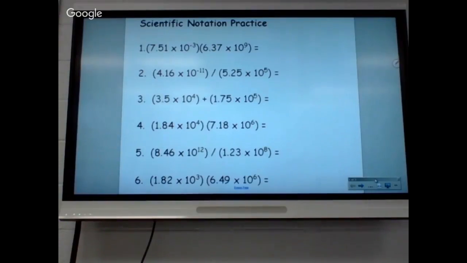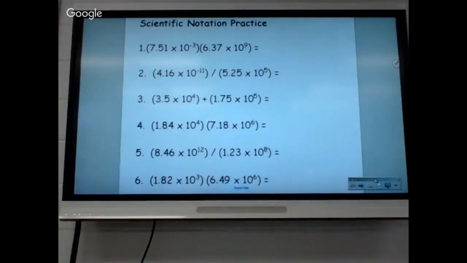I only did 4 of these in the first period. Like I said, rounded 2 places behind the decimal for today.